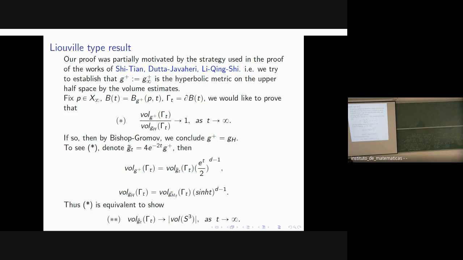Okay. So, as I said, this LQS inequality is to derive a lower bound, say this volume is bounded below by the Yamabe constant. Our strategy now is we try to derive an upper bound of this.